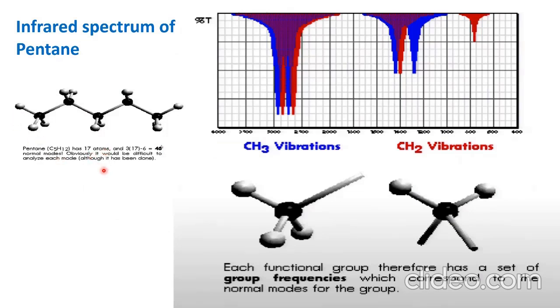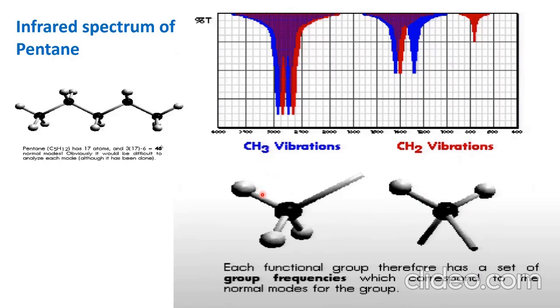Then, moving towards a complex molecule, the IR spectra of these molecules will be a little more complex and more peaks will be there. So we need to simplify it. We can see here we have a methyl group and a methylene group.